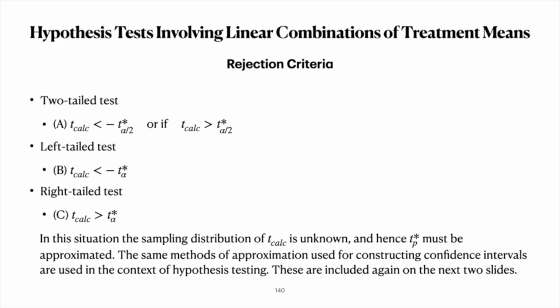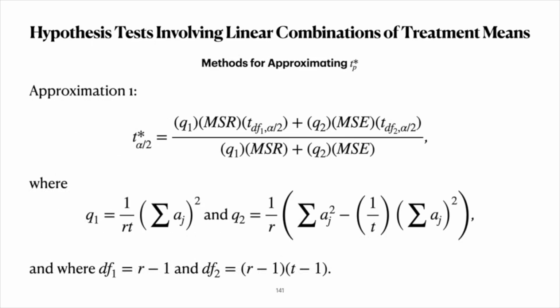And so the same methods of approximation used for constructing those confidence intervals are used in the context of hypothesis testing as well, and in particular, hypothesis testing involving non-contrast linear combinations of the treatment means. And so for convenience, I have included those two approximation methods that we looked at on the following slides. And so let's take a look at those.